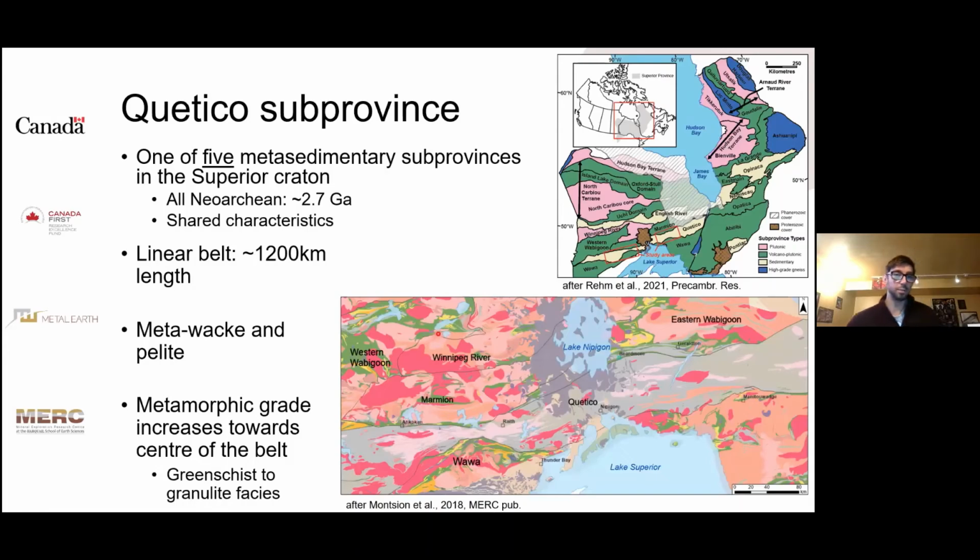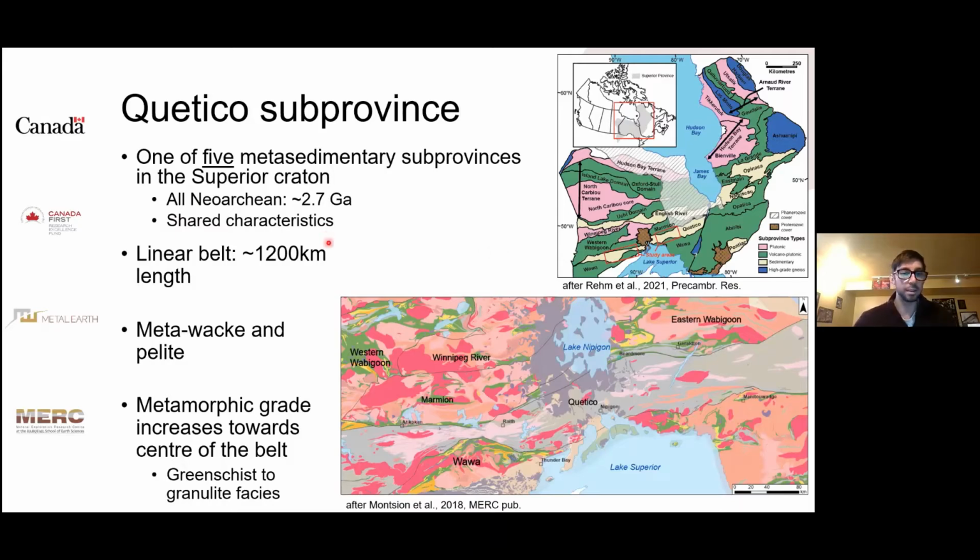So why is the Pontiac subprovince so important? Well, it's one of the 5 metasedimentary subprovinces in the Superior Craton. These subprovinces are all Neoarchean, about 2.7 billion years old. They share similar characteristics, and one of those characteristics is that they're typically of higher metamorphic grade than their adjacent greenstone belts.